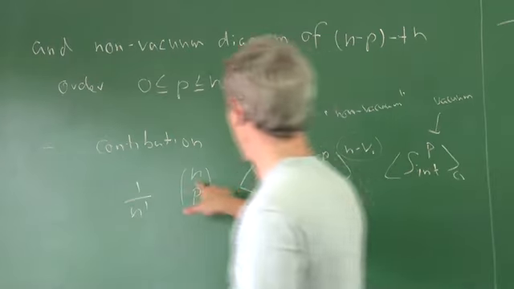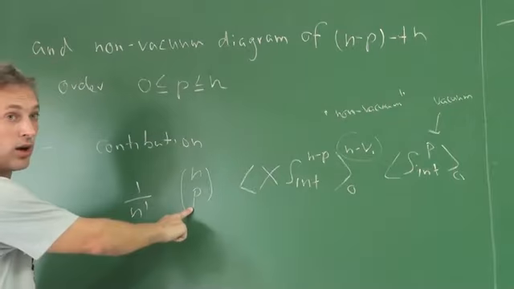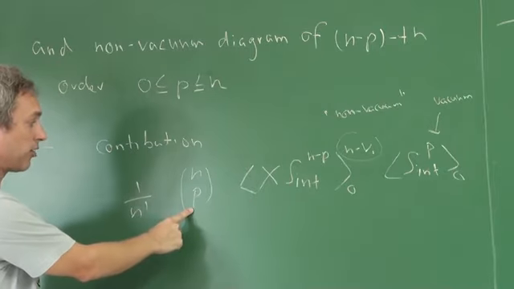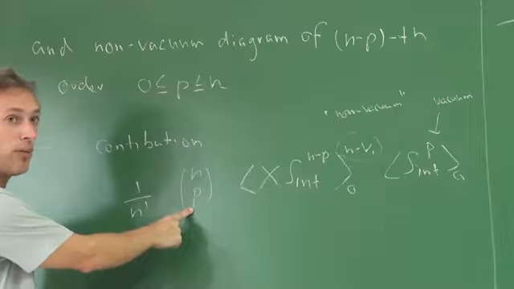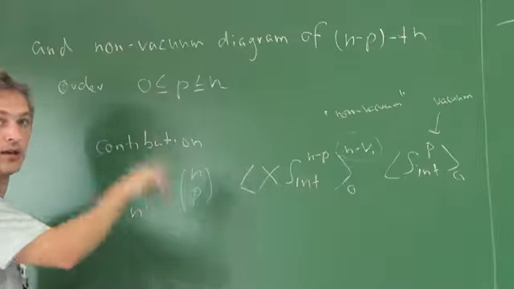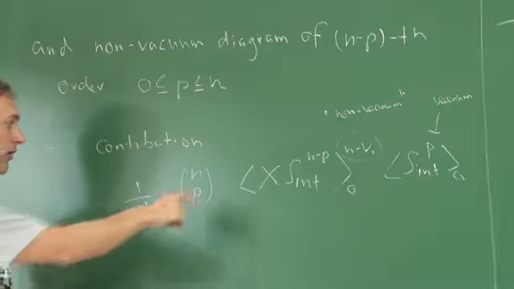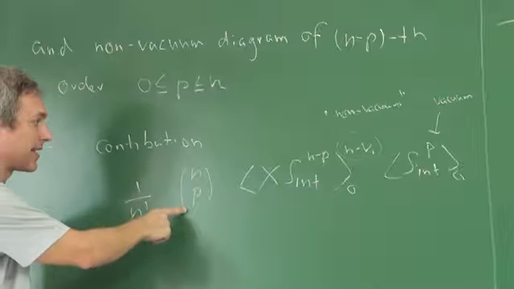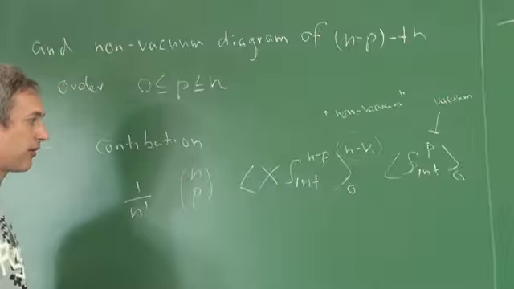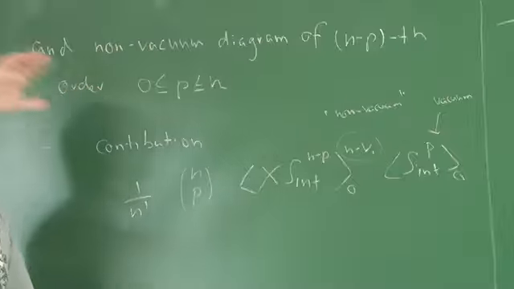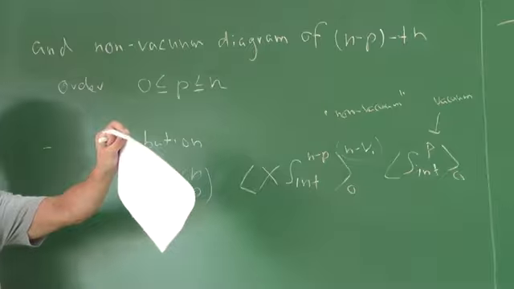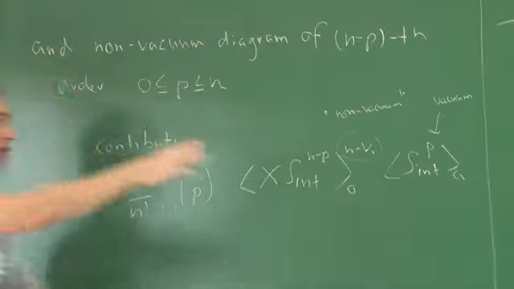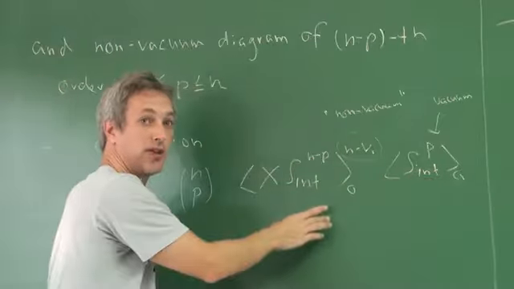Now, this factor n over p is just a combinatorial factor which tells you in how many ways I can draw p terms out of a whole set of n terms. We draw n interaction vertices and we have to choose out of the n the p that we want to lump into the vacuum diagram and n minus p into the non-vacuum.